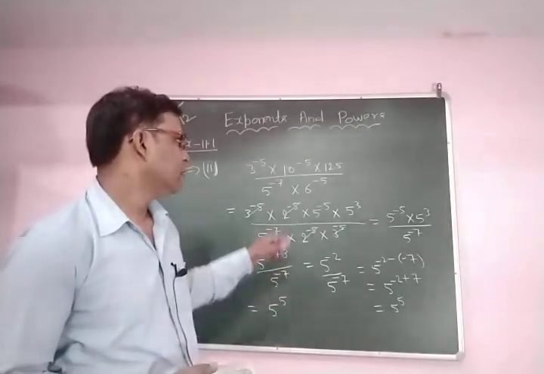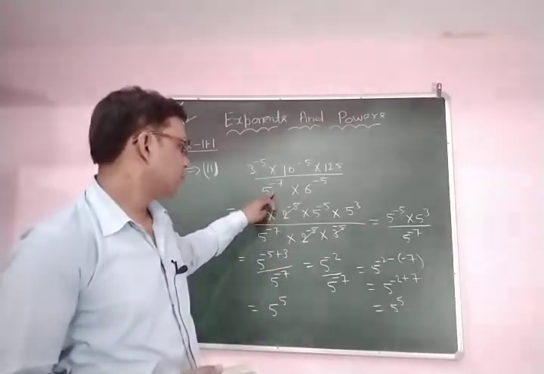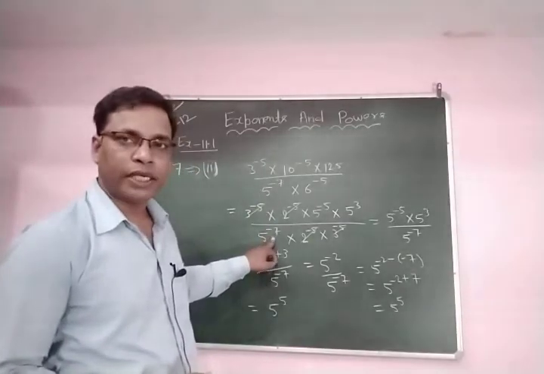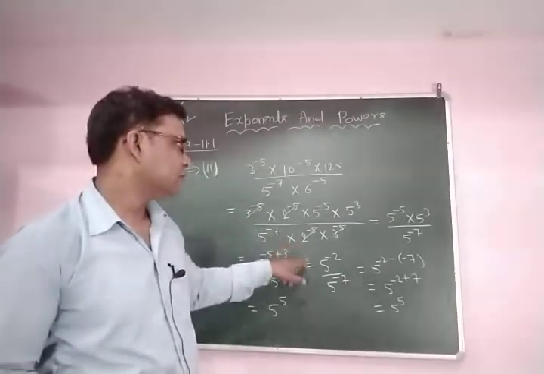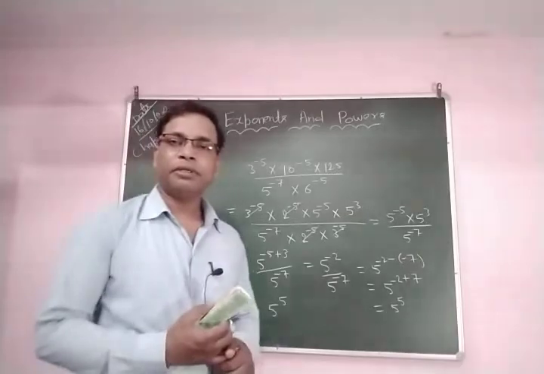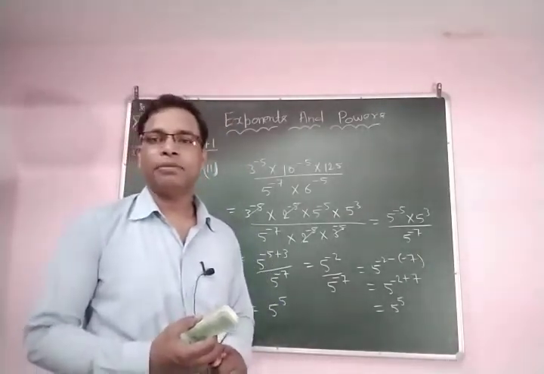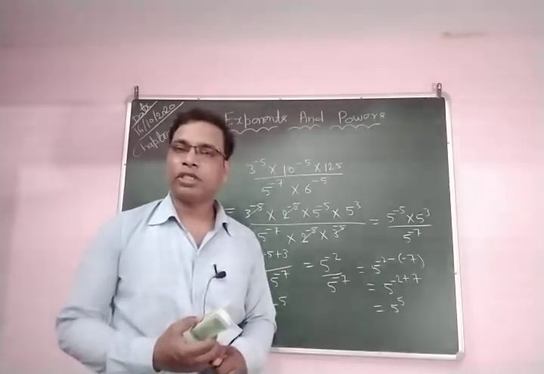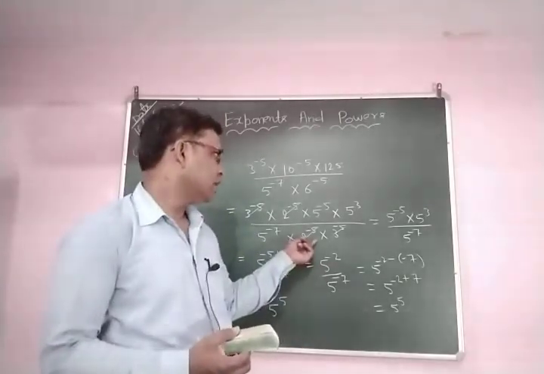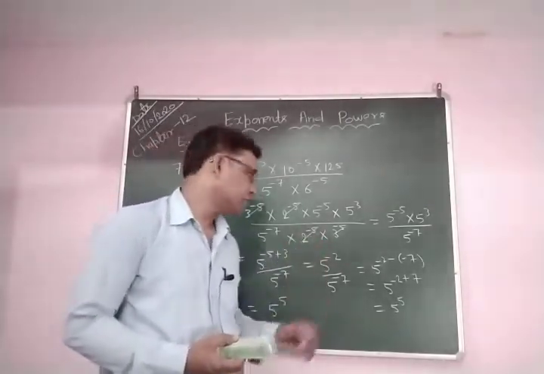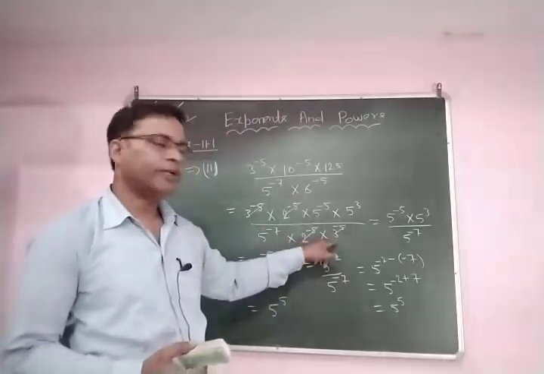This is clear. Now here you can see 5 power 7 you write as it is, and 6 power minus 5. 6 power minus 5 means 6 is equal to 2 into 3, so 6 power minus 5 is equal to 2 power minus 5 into 3 power minus 5. Here you can write as it is. This is clear.